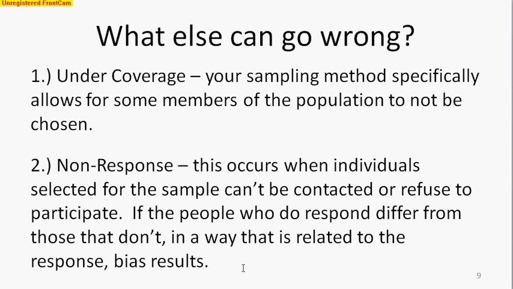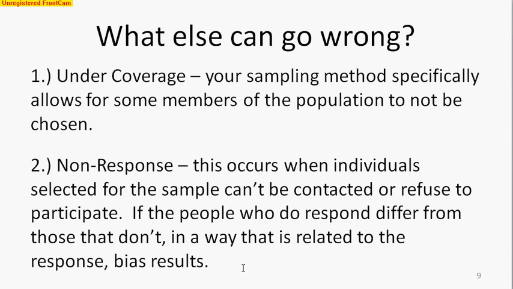Another thing to worry about is called non-response bias. This occurs when individuals selected for the sample can't be contacted or refuse to participate. Basically, if Miguel is chosen to be a part of your sample, you need to contact Miguel and you need to get information from him. You cannot allow a person that is selected to just refuse to participate.